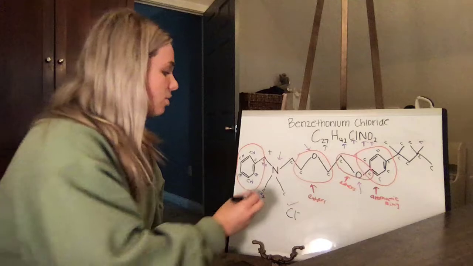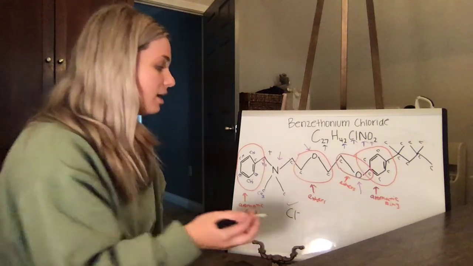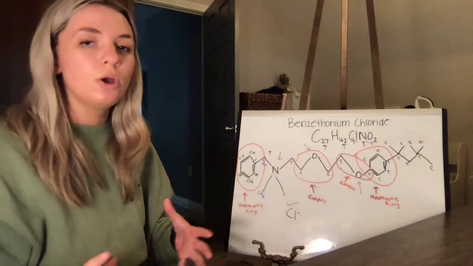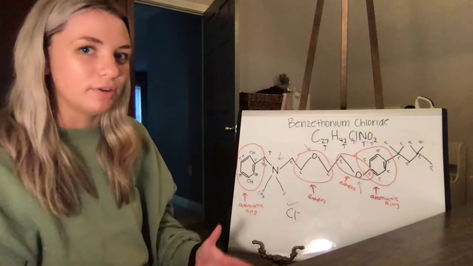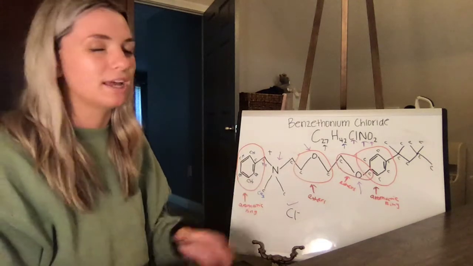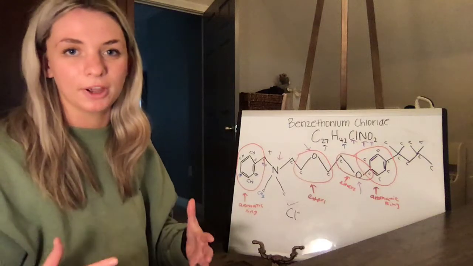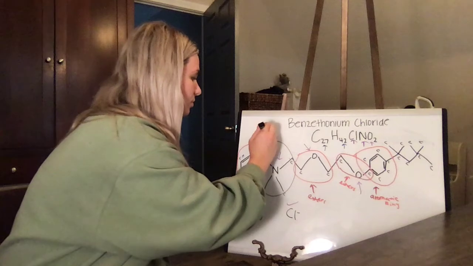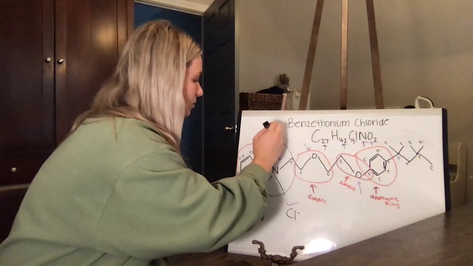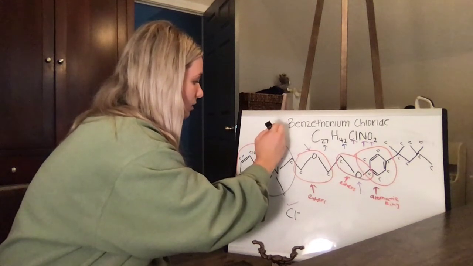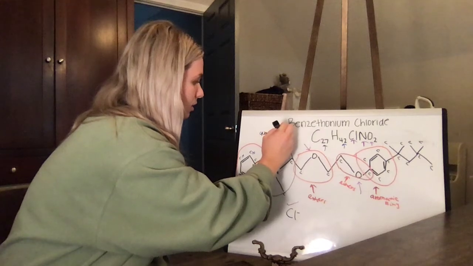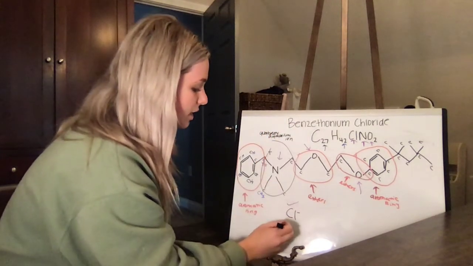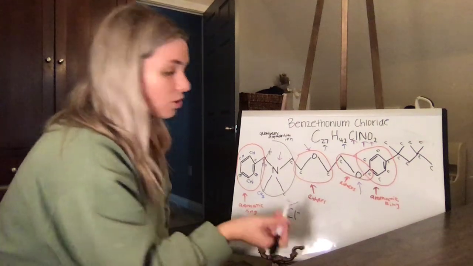Both of these together make that ion, and then we know that benzethonium chloride in general will be an ammonium chloride derivative, because those two come together and make that salt initially. So that will be the quaternary ammonium ion, and then bonded to that Cl makes it a quaternary ammonium salt.